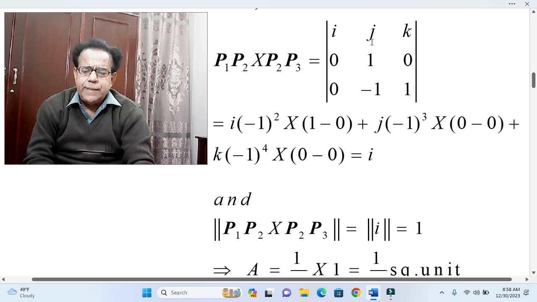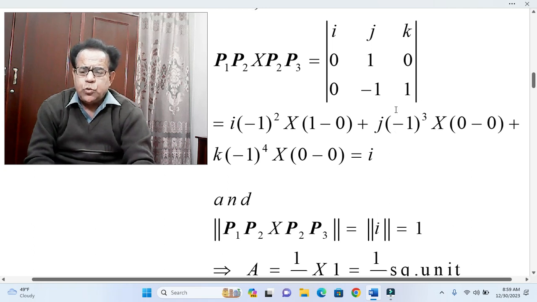Now plus j. In case of j, we write minus 1 raised to the power 3, and it finally gives minus j, because j occurs in the second column and first row, so 1 plus 2 equals 3. We know that even power of minus 1 is always plus 1, while odd power of minus 1 is always minus.